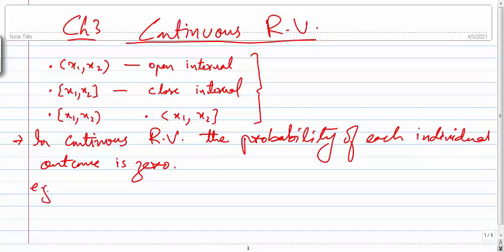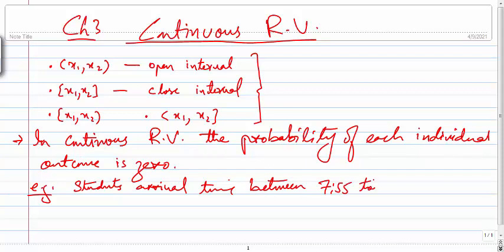How? Let's consider an example here. The example is students' arrival time between say 7:55 to 8:05 in the campus.